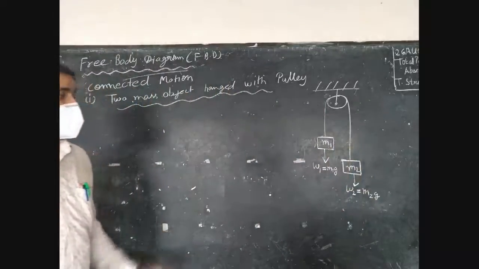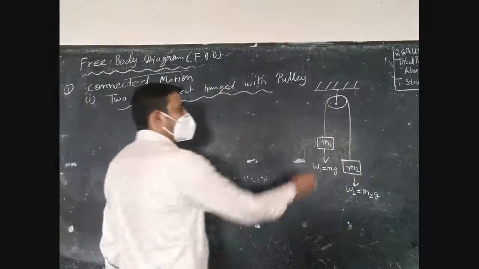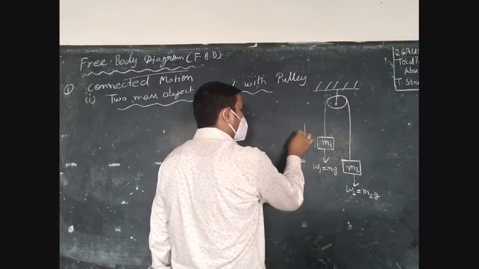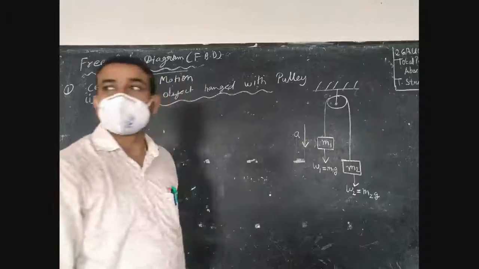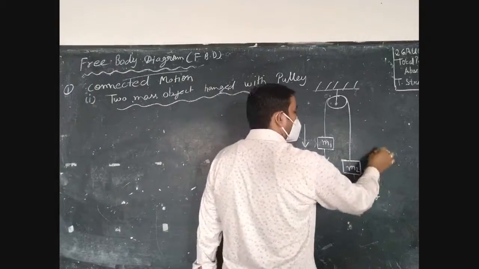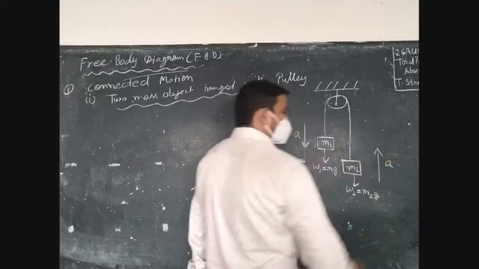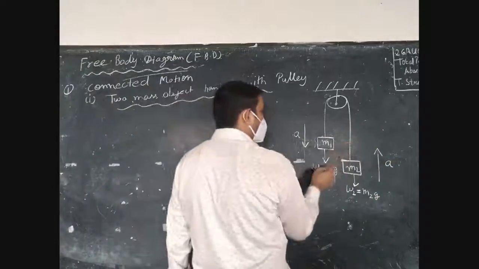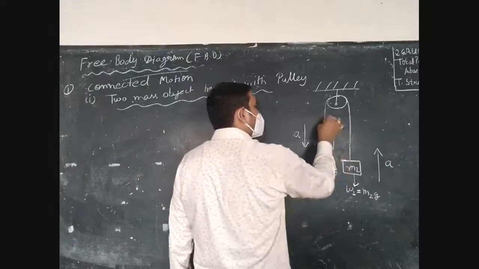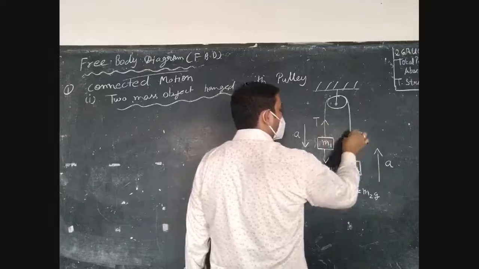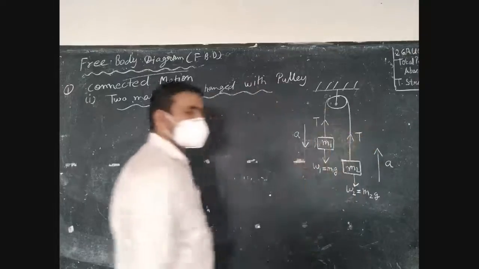Now it is observed that block 1 is moving downward with an acceleration a, and block B is moving upward with the same acceleration a. Clear? And here we find that because of the weight, the string experiences a tension in the direction opposite to the weight.